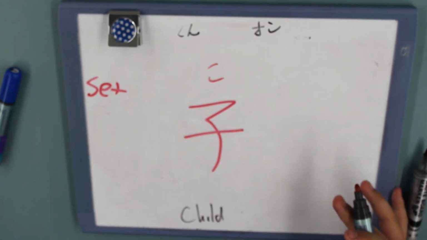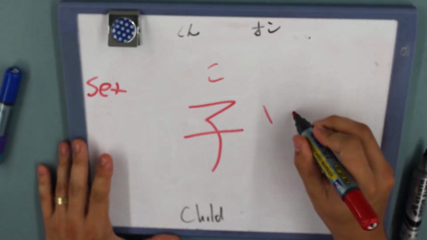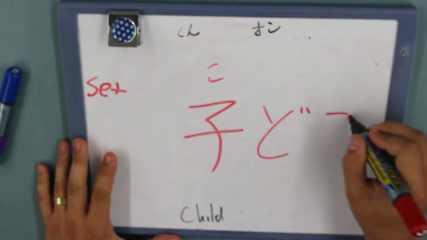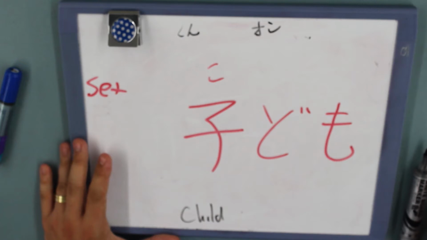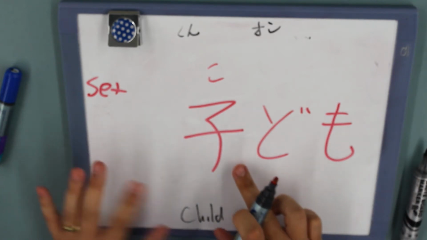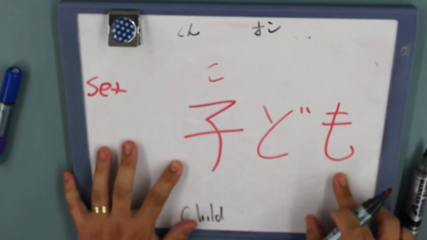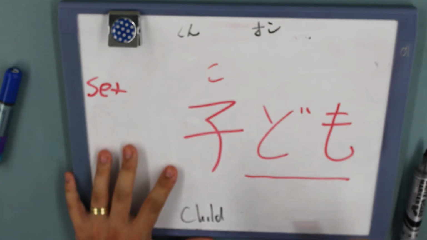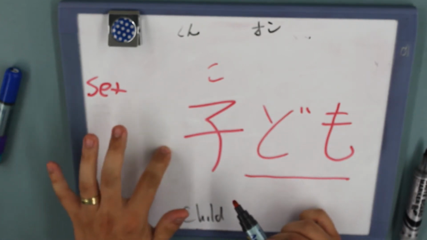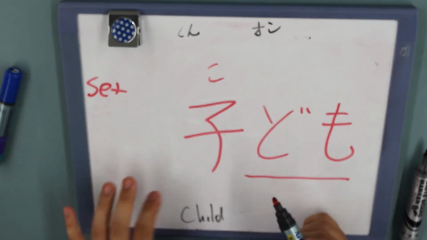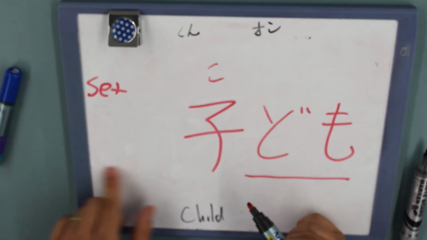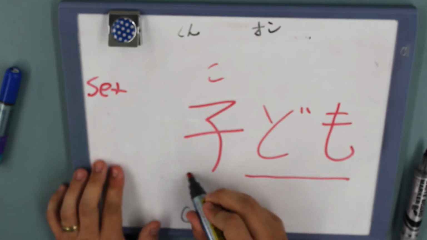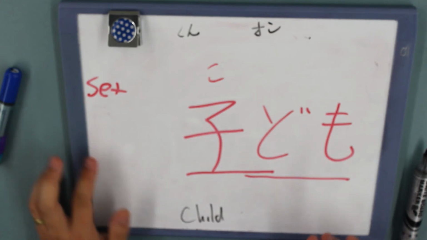The full word for child is kodomo, which you'll see quite often as a mixture of kanji and hiragana, because the kanji for domo you won't be learning for quite a while. So ko, otoko no ko, onna no ko, and it all means child. Young boy, young girl, and kodomo altogether means child.